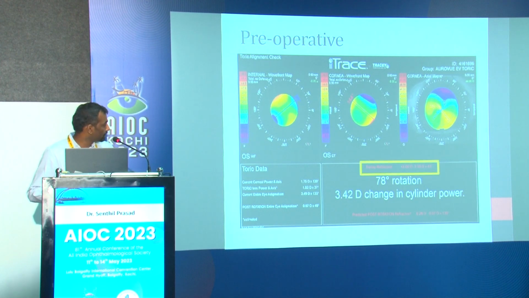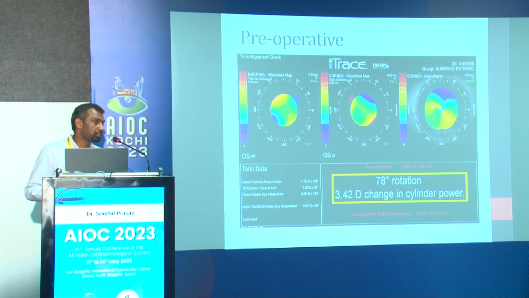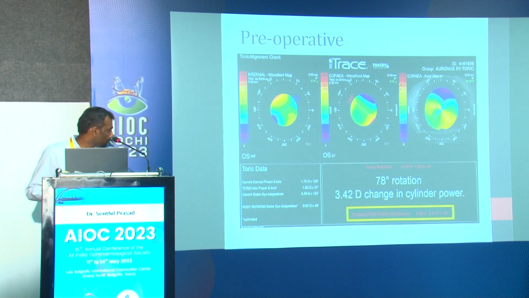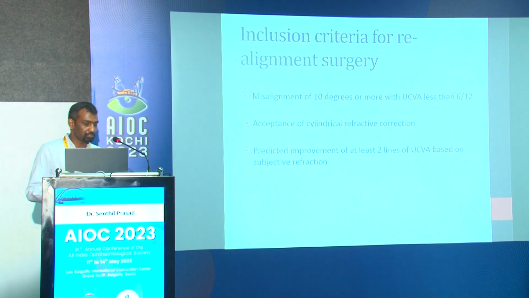It provides an objective refraction, which in this case is around minus 3.5 diopters at 43 degrees. Then it suggests a rotation of 78 degrees and predicts a change of around 3.42 diopters in the eye. Post rotation, it estimates a residual astigmatism of around 0.07 diopters. So this is how it gives the values.